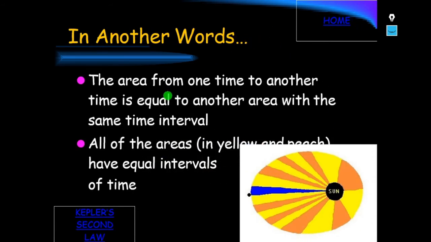In other words, the area covered from one time to another is equal to another area covered in the same interval of time. The areas are also the same. All of the areas in yellow and peach have equal intervals of time.